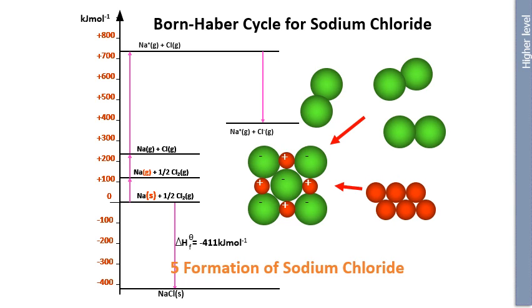And then we have finally the formation of sodium chloride. So the sodium ion and the chloride ion interact to form the sodium chloride lattice, and that's in total the number that we've ended up with, minus 411 kilojoules per mole. That's the delta H formation of the sodium chloride.